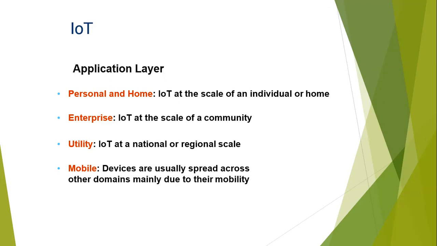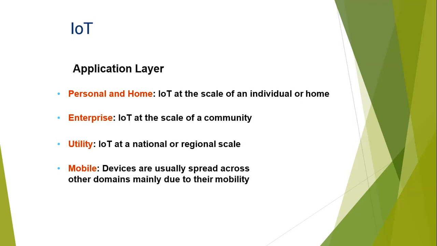Here we need to consider personal and home, where IoT is at the scale of an individual or a home, with a small, limited number of users, and so many other applications which don't require much data, or personal or home data which is not that important, but somehow is important, so it is prioritized. The overall application layer needs to be focused on something appropriate for this.